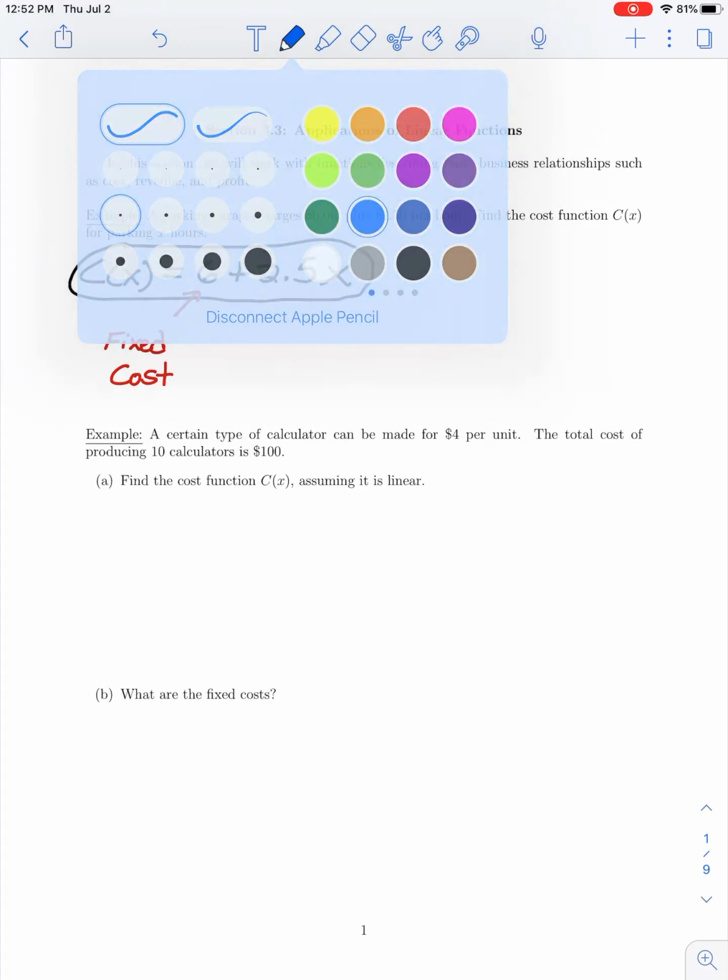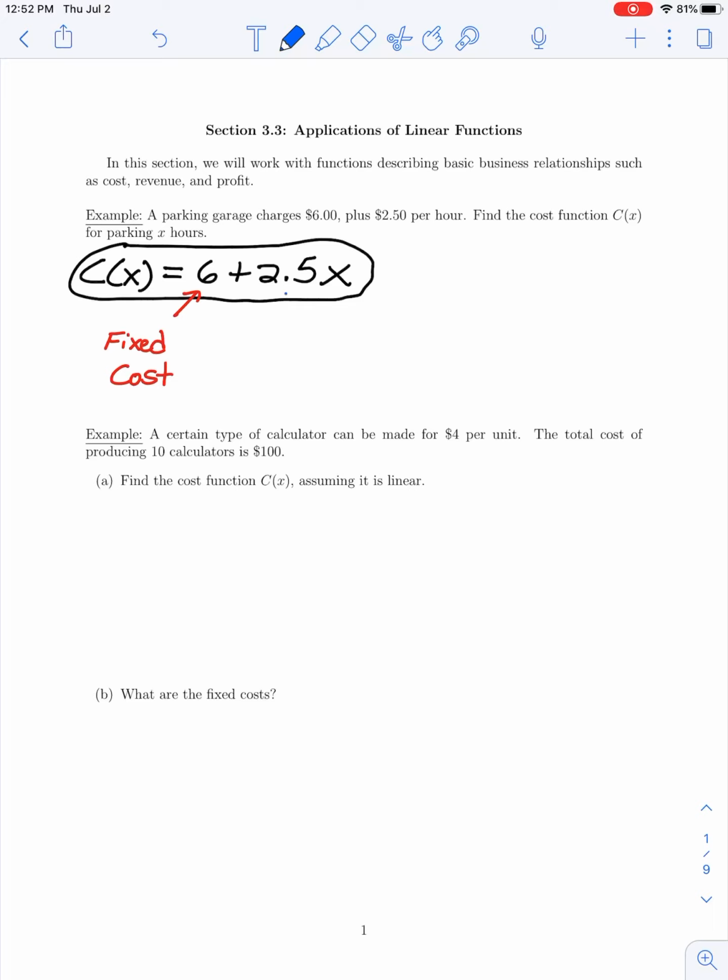And then we have this other term, the $2.50 per hour times the number of hours that we've parked, which we would call the variable cost. So we see that our cost function is linear here. It's got a y-intercept of 6, or our fixed cost, and the slope is 2.5, which is our variable cost.